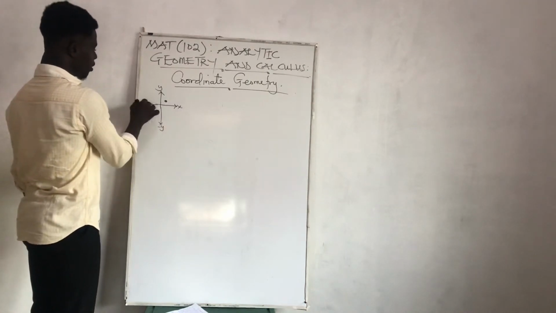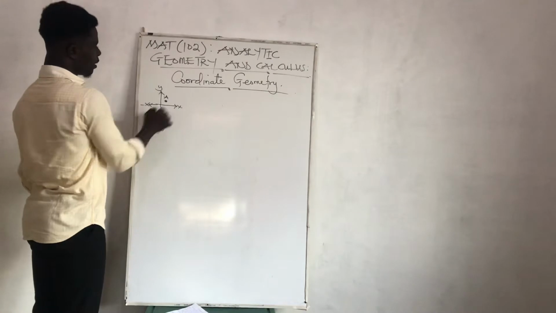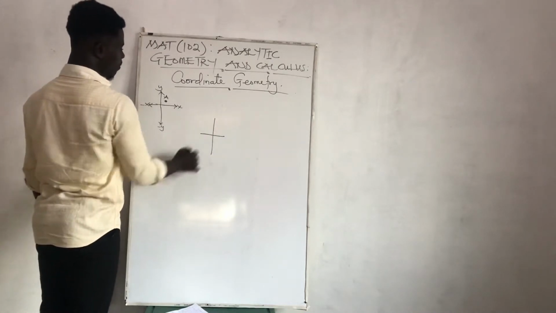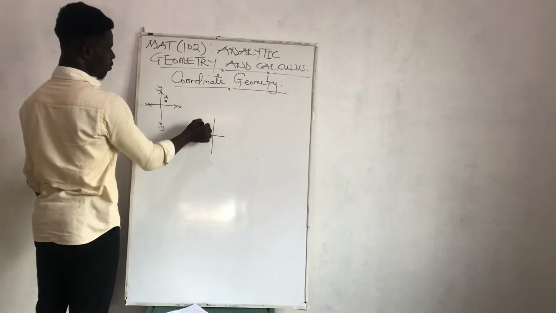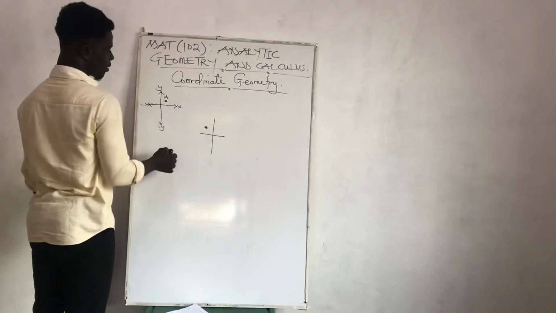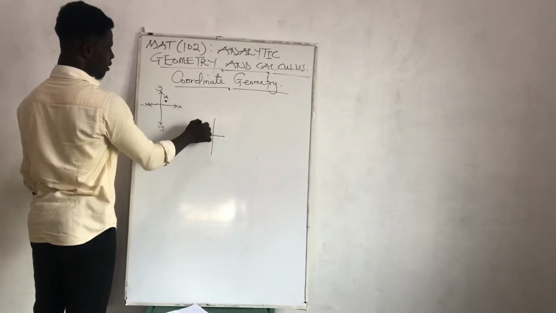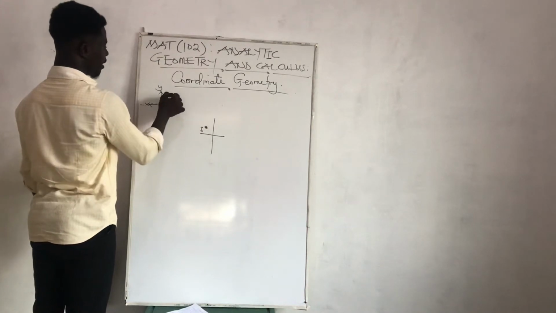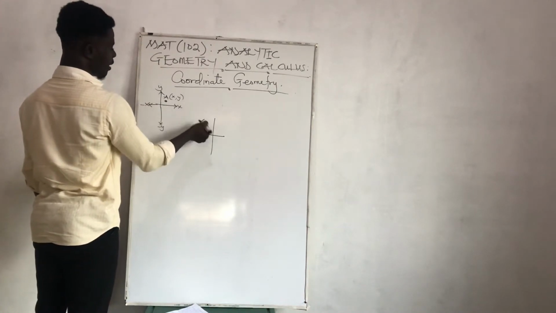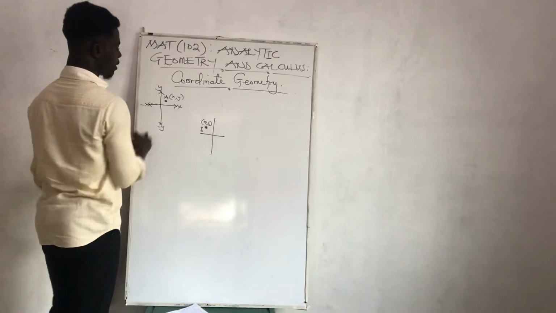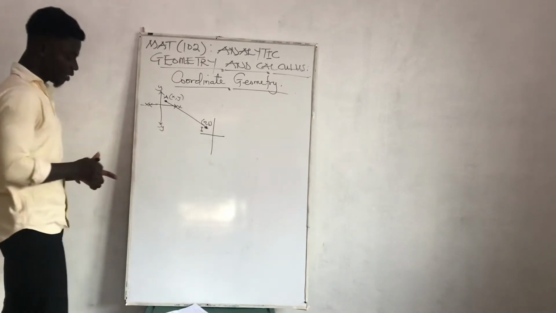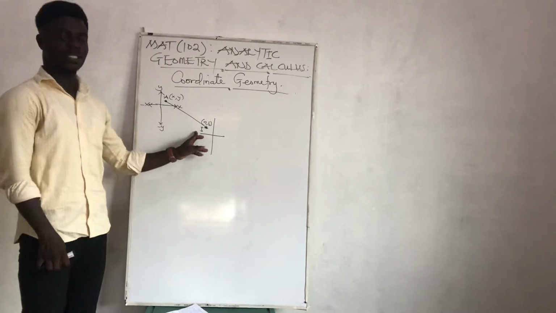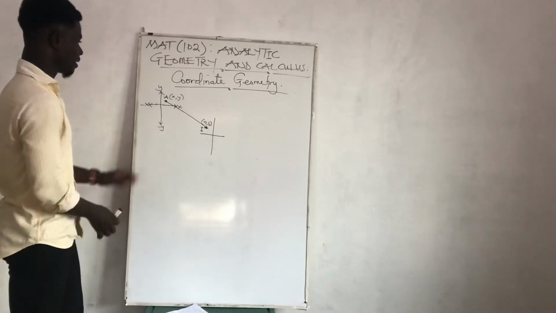So I have this point, let's say point A. Then I have another point in the OXY plane, in the second quadrant. That's point B. So when I join these points together with a straight edge, I get a straight line.